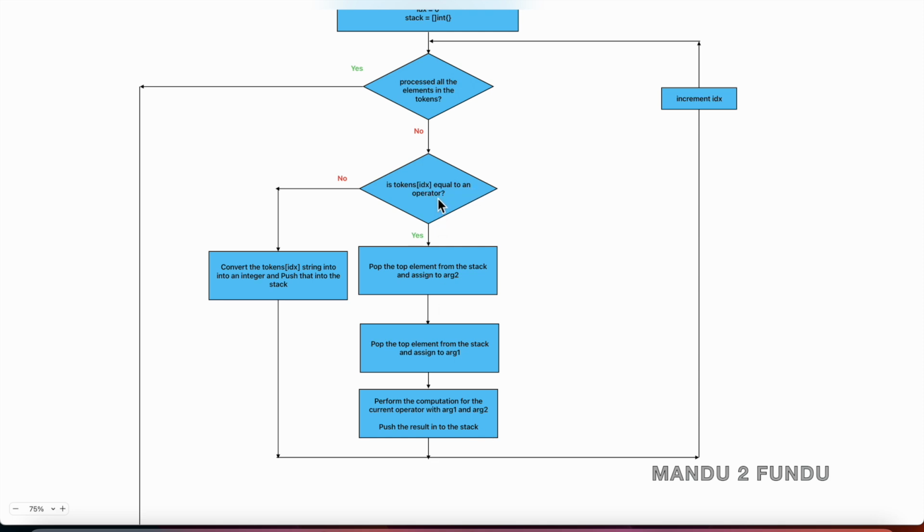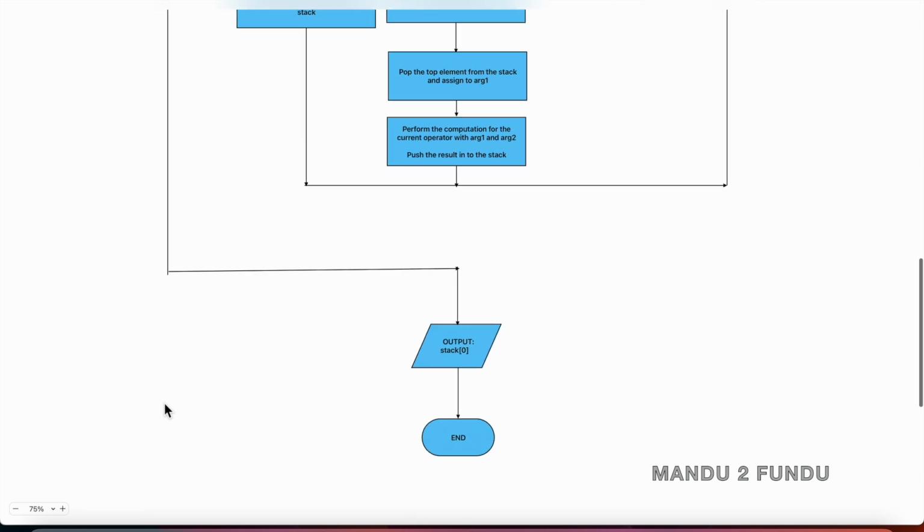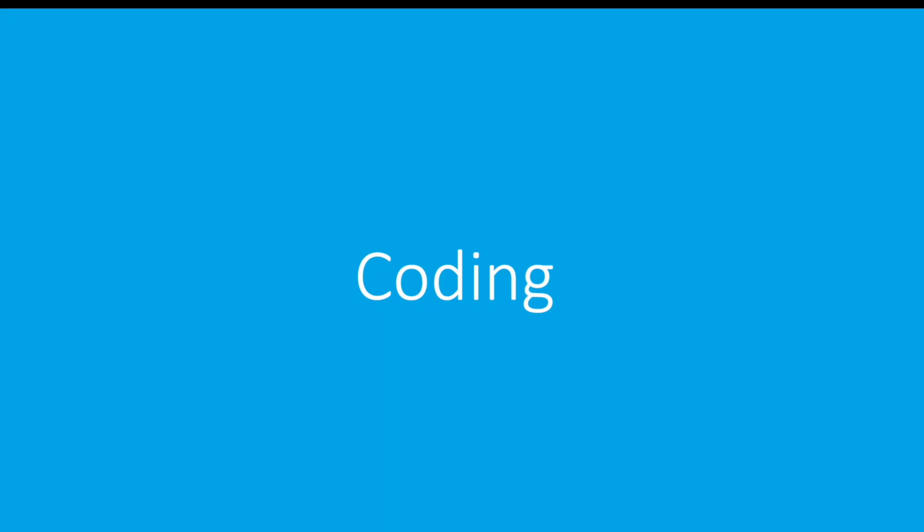If it is not equal to an operator, then we simply convert the current token string into an integer and push that result back into the stack. And we increment the index to process the next element in the input token array. Once all the elements are processed, then we come out of the loop and finally we return the first element in the stack. Let's move on to coding.